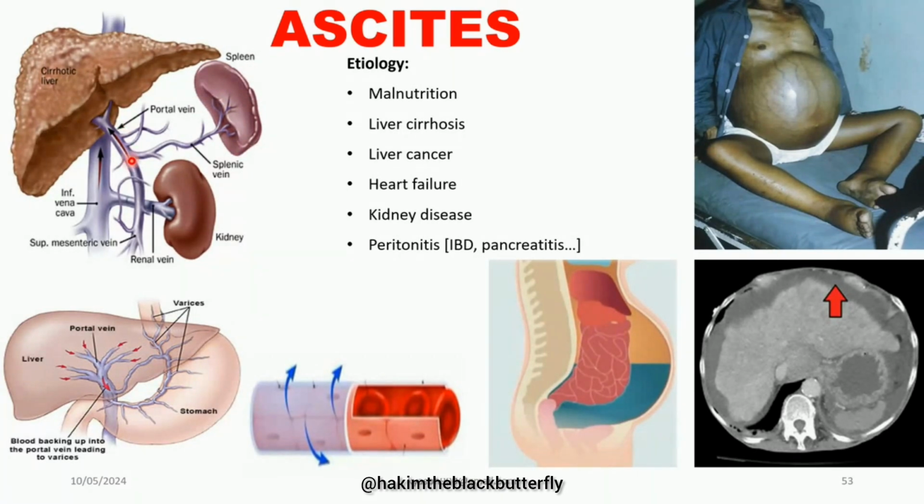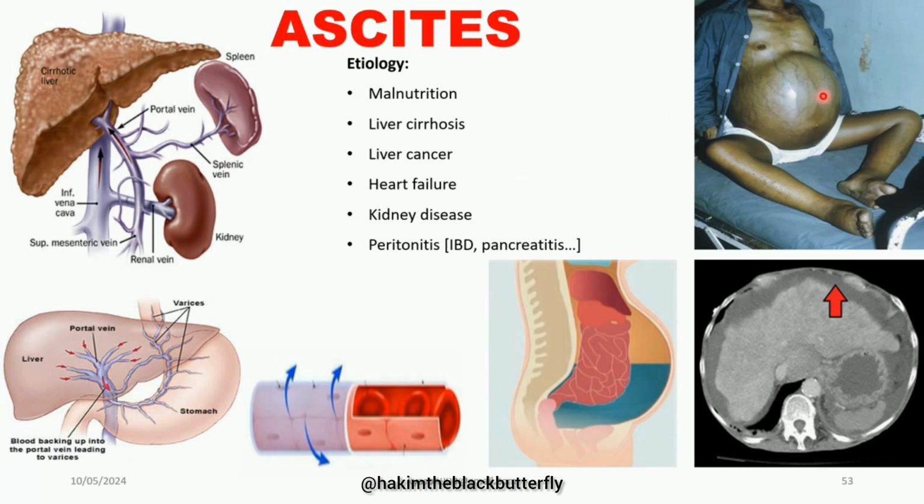Blood will stay for a long time in this portal vein, and that increases the portal venous pressures that can easily increase chances of fluids oozing out of the small capillaries. And if the fluid oozes out in large amounts, of course, this patient is going to present with ascites.